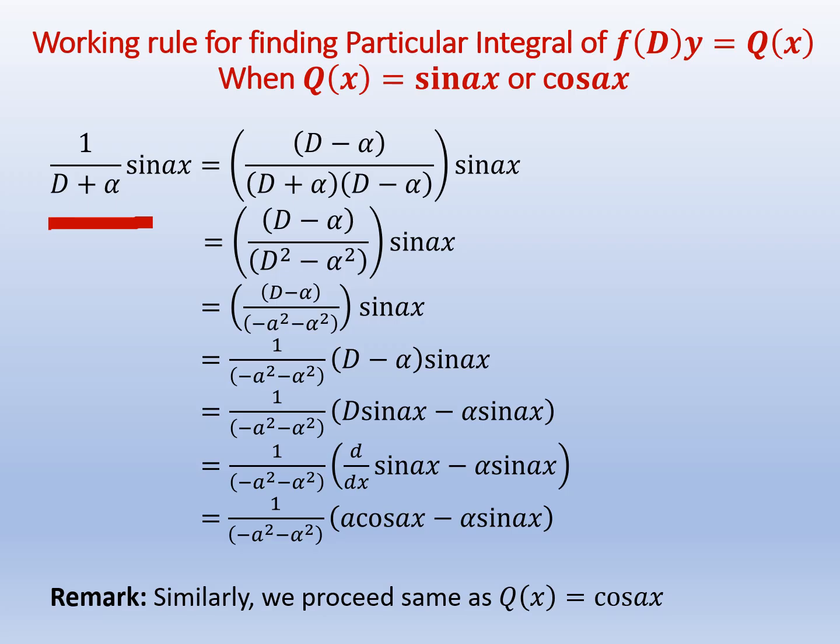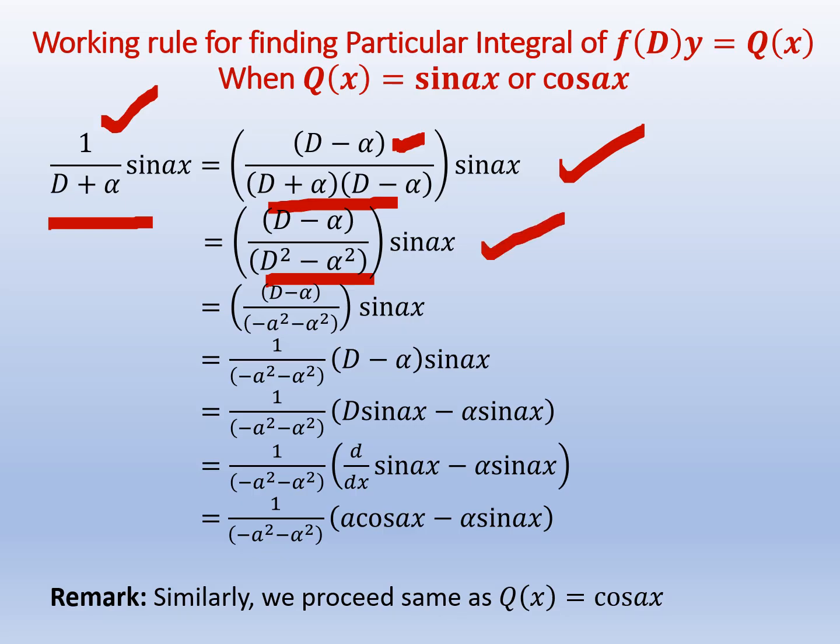Here we multiply and divide with D minus alpha for the expression 1 by D plus alpha into sin ax. Thus we get D minus alpha by D plus alpha into D minus alpha of sin ax. Here in the denominator we have D plus alpha into D minus alpha. This can be written as D square minus alpha square.